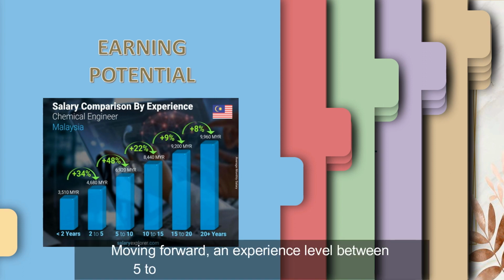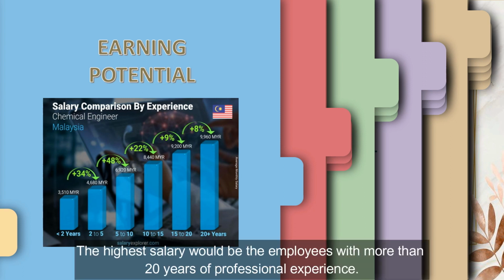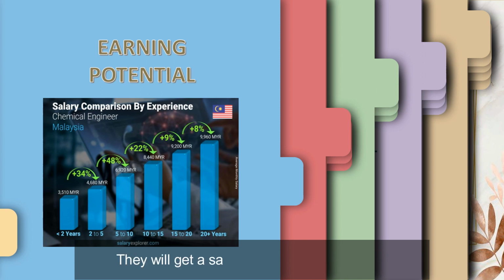Moving forward, an experience level between 5 to 10 years lands a salary of 6,920 Malaysian ringgit. The highest salary would be for employees with more than 20 years of professional experience. They will get a salary of 9,960 Malaysian ringgit per month.